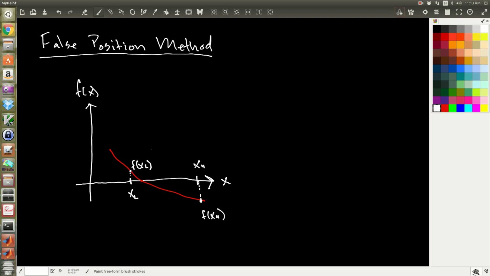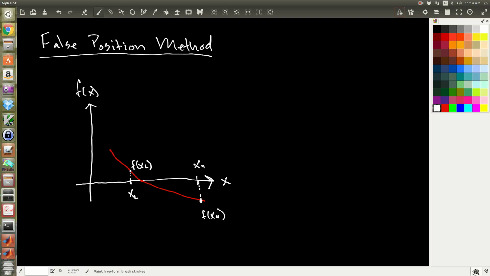Now we would assume that if the function evaluated at the lower bound point is closer to the x-axis than the function evaluated at the upper point, which is the case that I've drawn here, then we would assume that if the function was approximately linear, not exactly linear, there's some curvature to this function, but if it's approximately linear, we would assume that the root would be closer to this lower boundary.